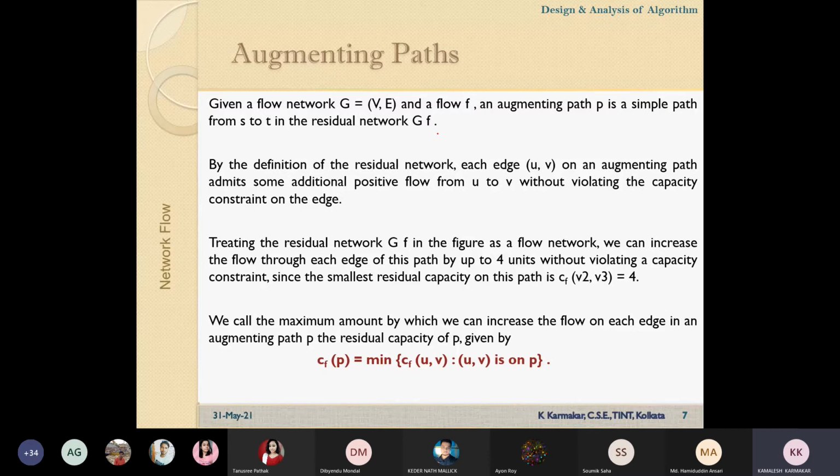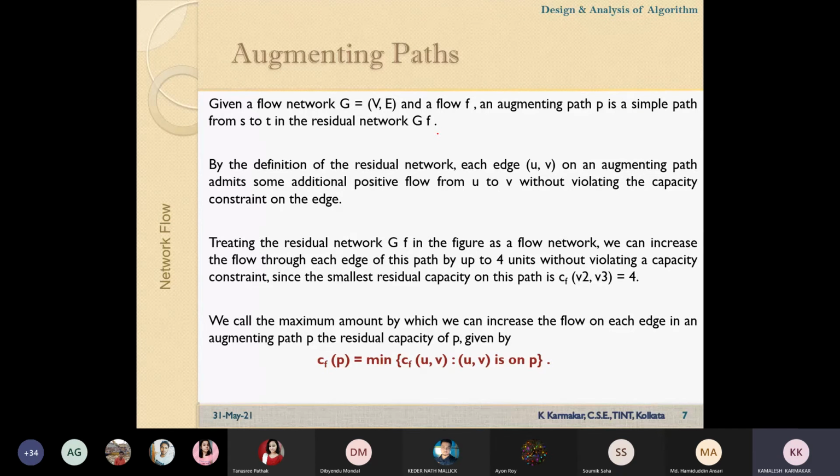After considering that flow through this path, we have to update the graph as a residual graph. Now from the residual graph, again we will try to find an augmented path. If the path exists, then again calculate the maximum flow through this path.